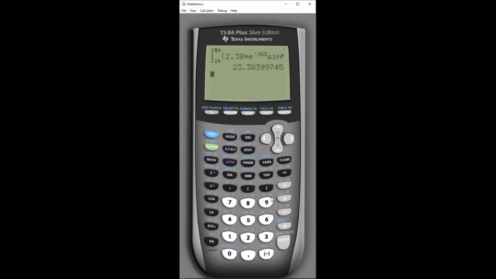And so the answer is 23.384 meters, rounding up.